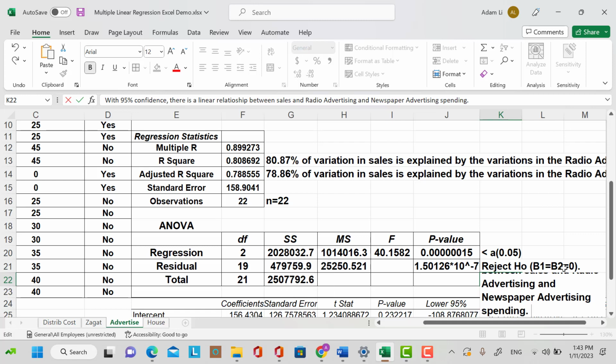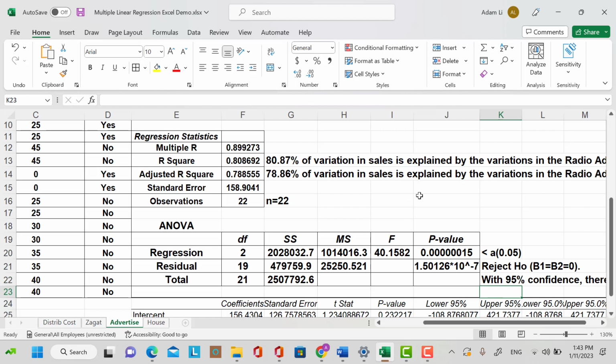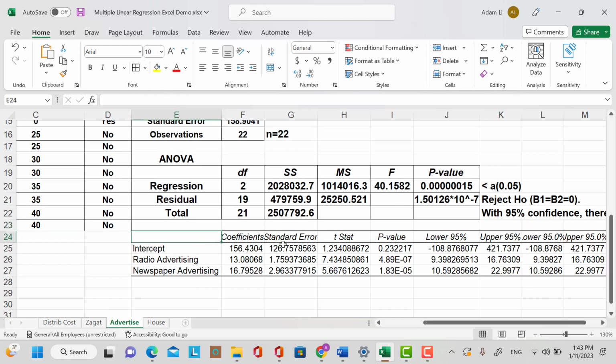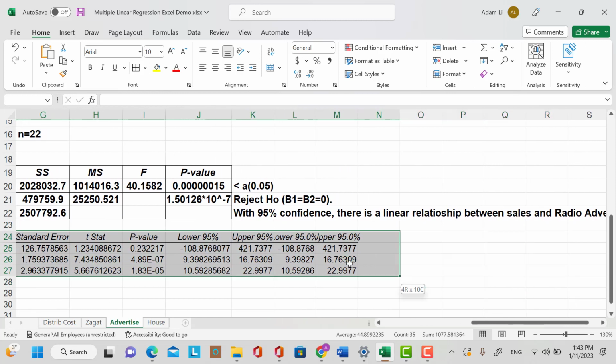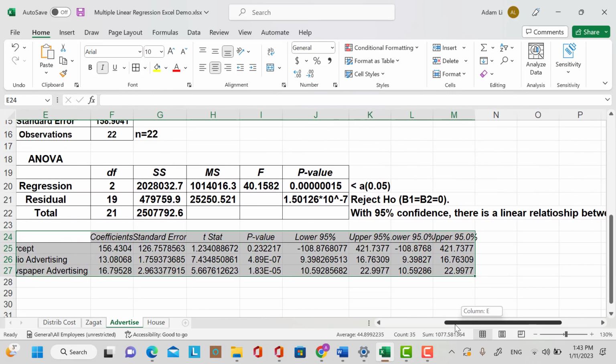So this is the effectiveness of the overall model. So we measure that. Okay, now let's take a look at the last outputs here underneath it.